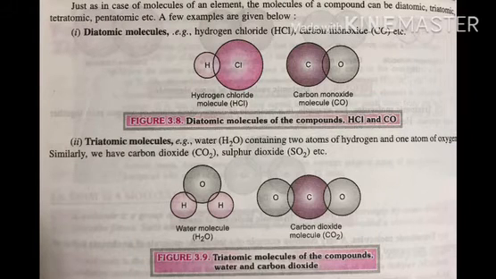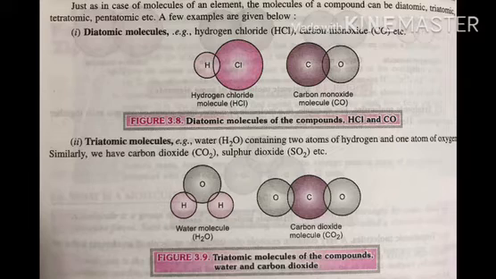Just as in the case of the molecule of an element, the molecule of a compound can be diatomic, triatomic, tetraatomic, pentaatomic, etc. A few examples, let us discuss.